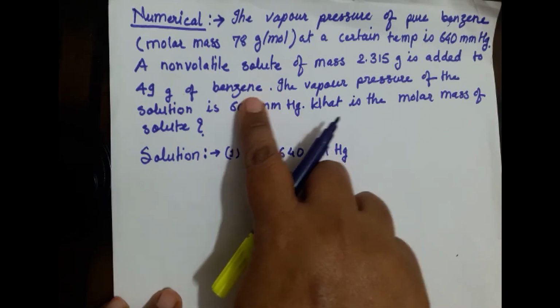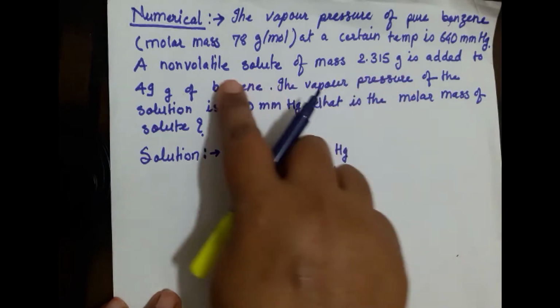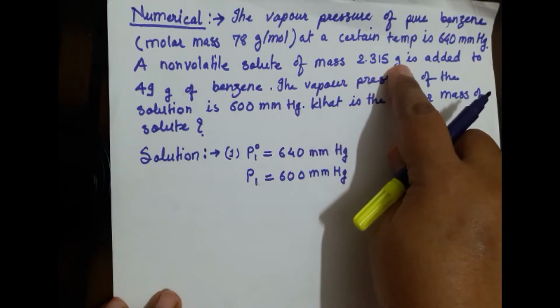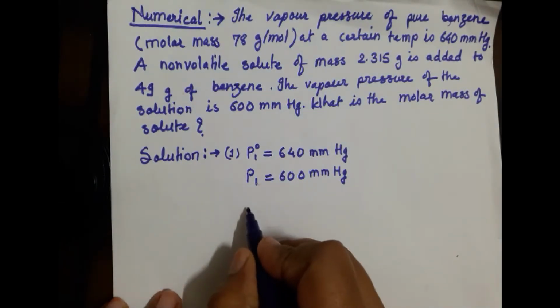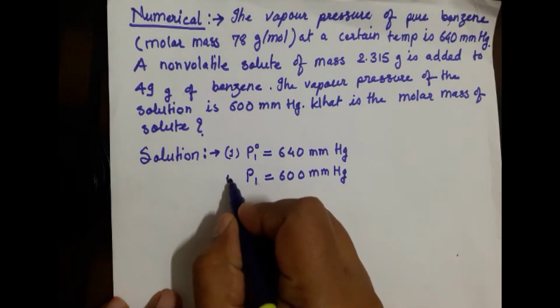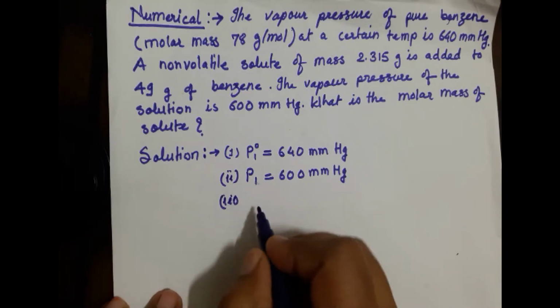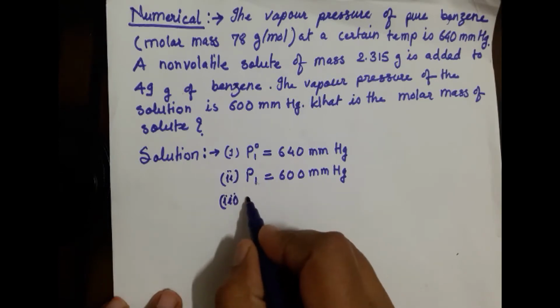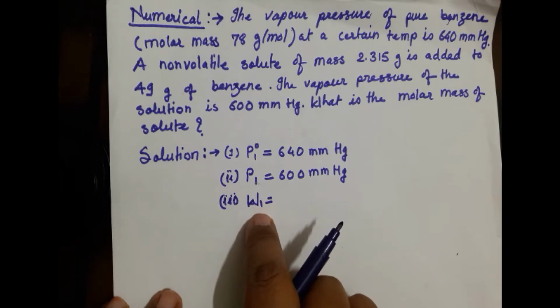So here benzene is the solvent and the non-volatile solute is 2.315. So benzene being the solvent, we write here, this is second, this is third. So W1, 1 we are indicating for solvent.